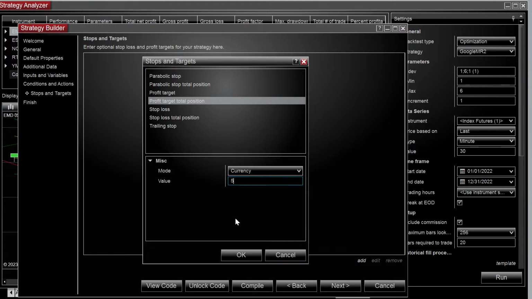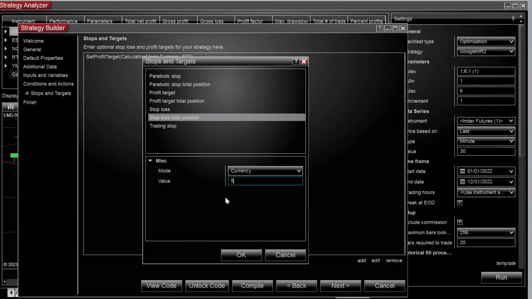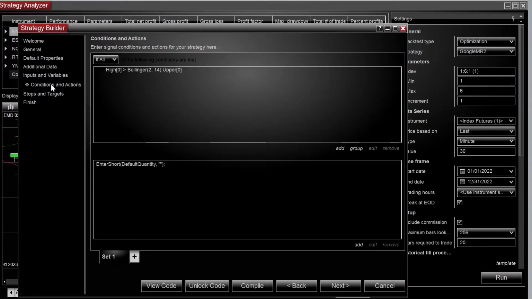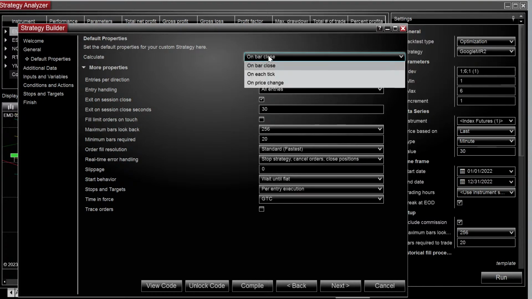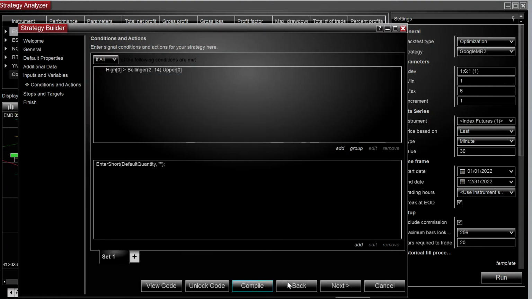We'll say 500 bucks. Stop loss, 500 bucks. So high is greater than the upper band. Enter short. I need it to execute intrabar.